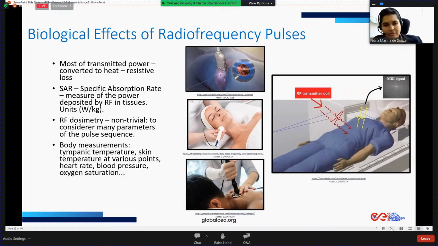Most of the transmitted power is converted to heat, and we can estimate in MRI the power deposited in tissues using the SAR parameter. However, the radio frequency dosimetry is non-trivial because it depends on protocol parameters and many body measurements. Next, please.